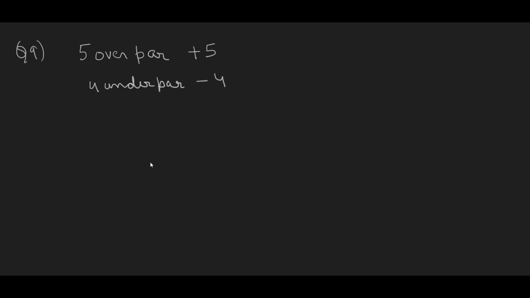So the question is, if Ronnie had scores of 1 over par, that means plus 1, 4 under par minus 4, and 3 under par minus 3. So 1 minus 7, minus 4 minus 3 is minus 7, so it will be minus 6. So minus 6 means 6 under par. So the correct answer is D.